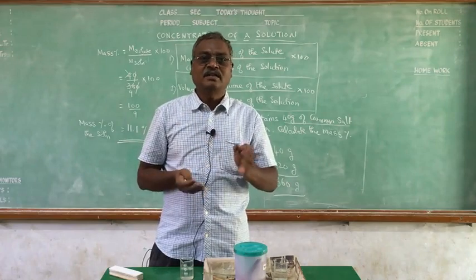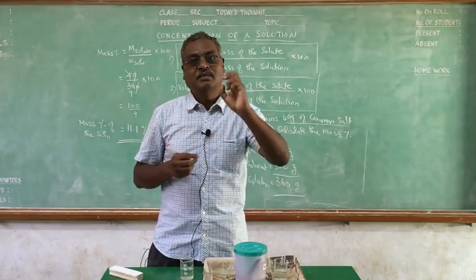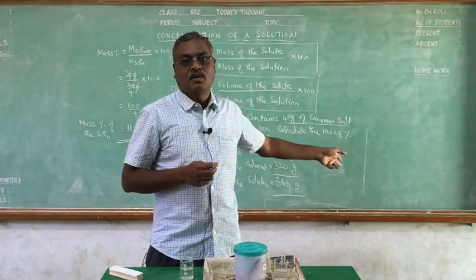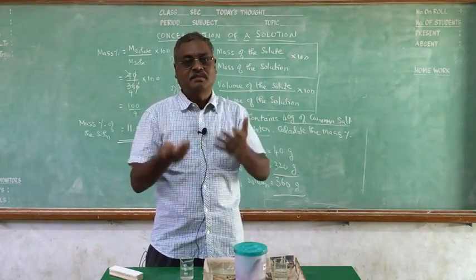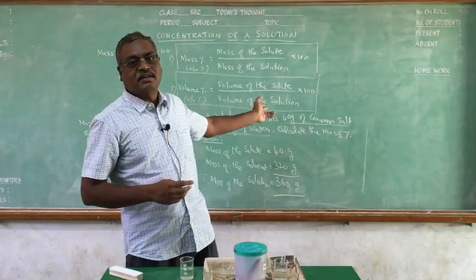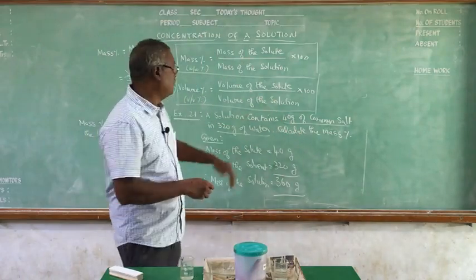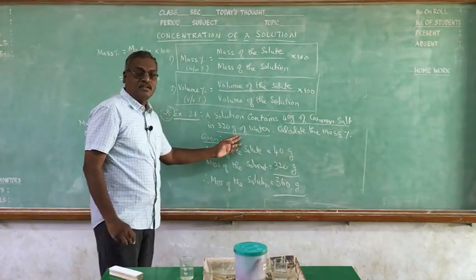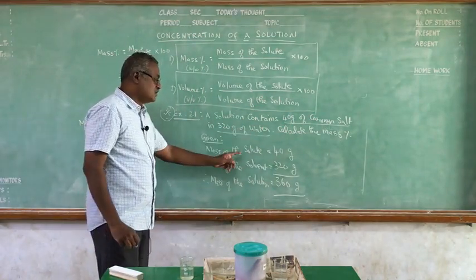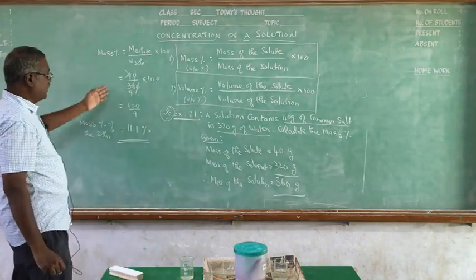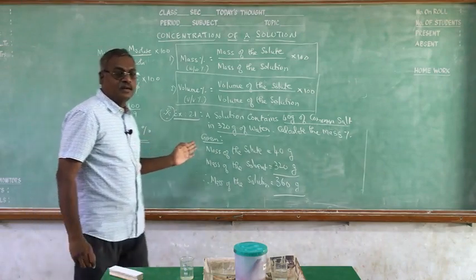It can be measured by some units; only two for 9th class, mass percentage and volume percentage. The mass percentage problem is very important. Solute and solvent weights are given, add them, substitute in the formula and you will get 11.1.